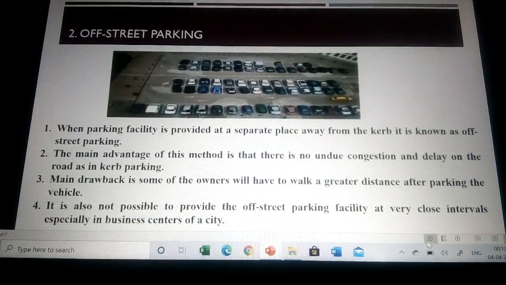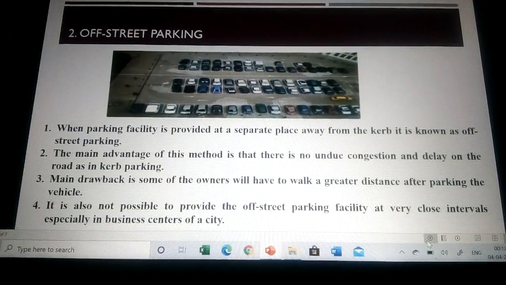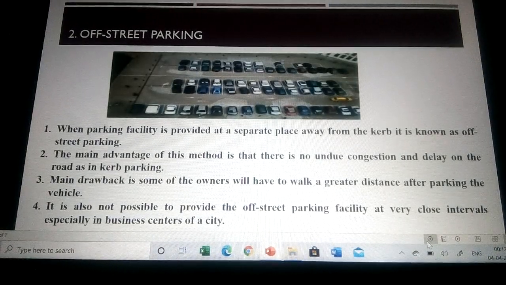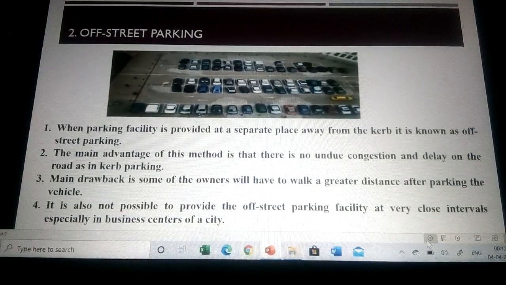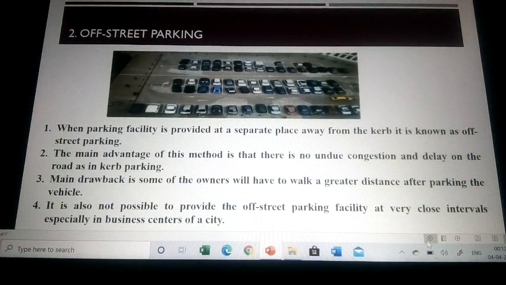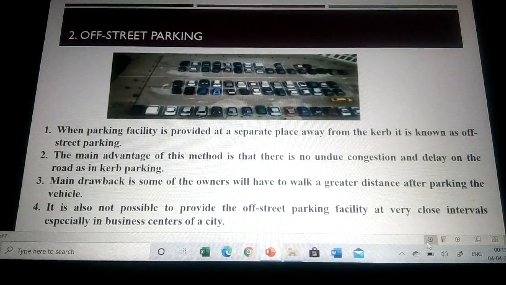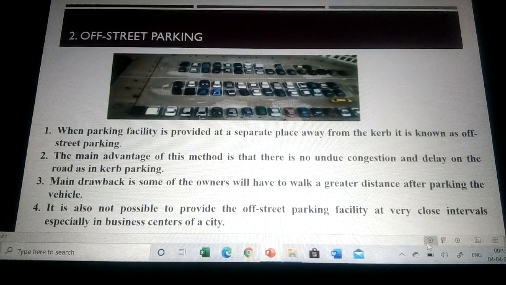Now, the main drawback is some of the owners will have to walk a greater distance after parking the vehicles, and it is also not possible to provide off-street parking facility at very close intervals, especially in business centers of a city. So for example, near an airport it can be provided, near a railway station it can be provided, like these.